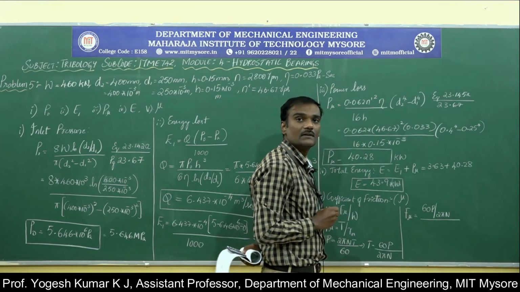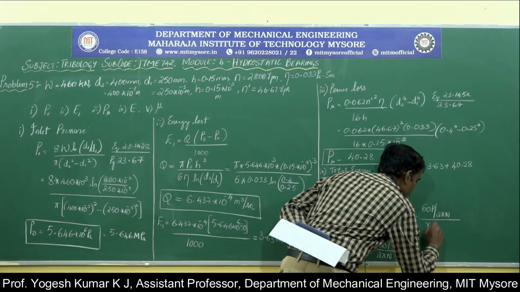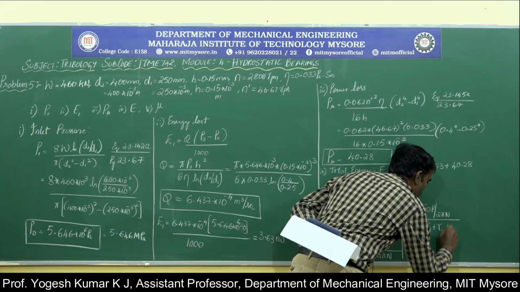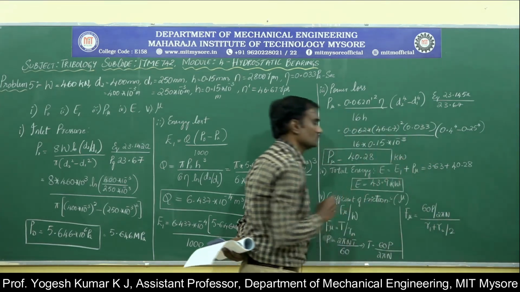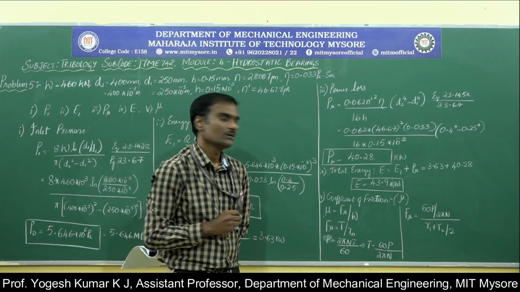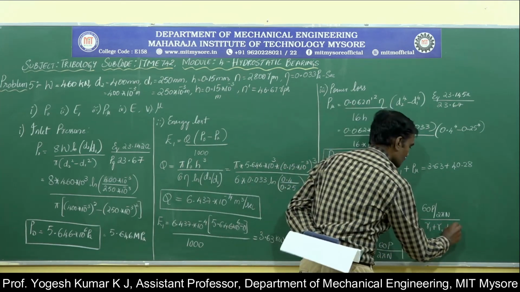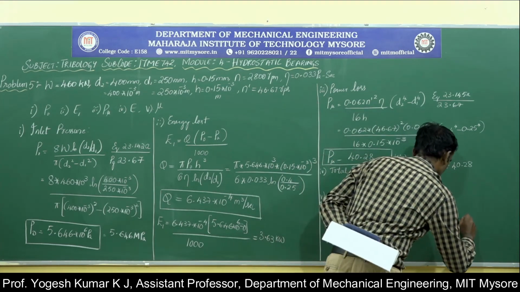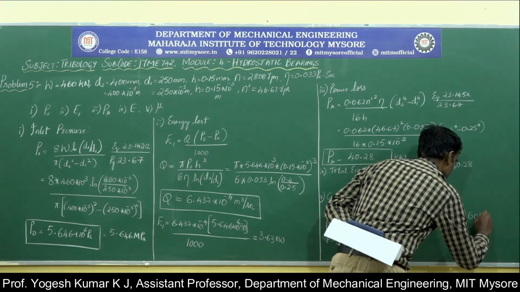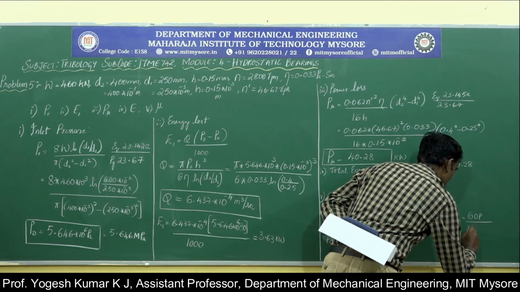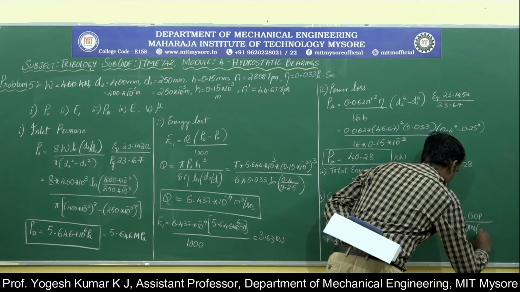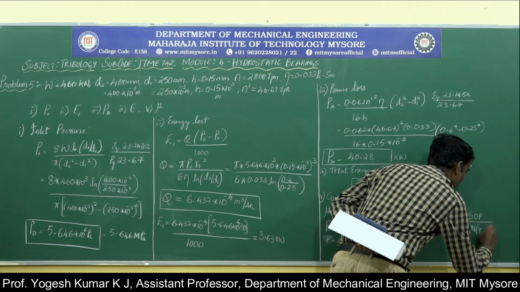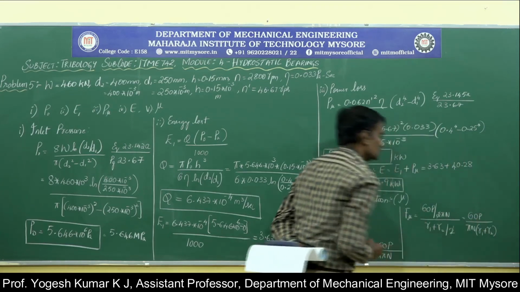Mean radius is R1 plus R2 by 2. Can I cancel this 2? Yes. So what is left now? We have 60P divided by pi n into R1 plus R2.